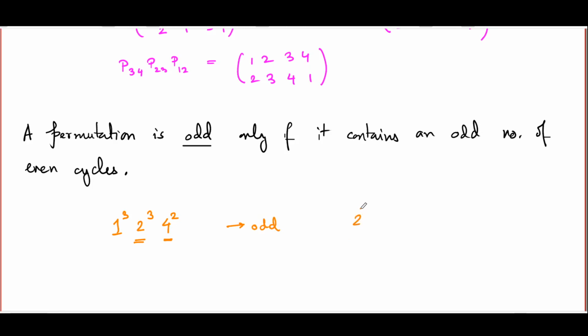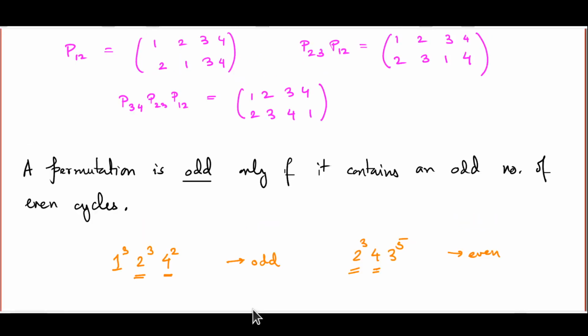Whereas 2^3, 4, 3^5 has 3 even cycles of length 2 and 1 even cycle of length 4, which makes the total number of even cycles equal to 4, an even number, so this is an even permutation. In all of this, we don't bother about the odd cycles at all, simply because they always correspond to even permutations.